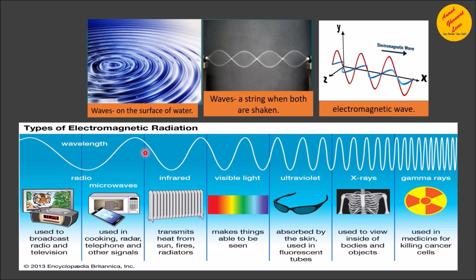With maximum wavelength, it is radio waves. Then microwaves, then infrared waves, then visible light waves, then ultraviolet rays, then X-rays and gamma rays. These are the various types of electromagnetic waves.